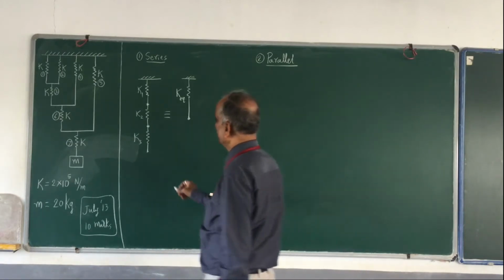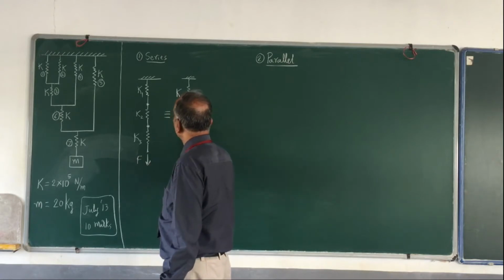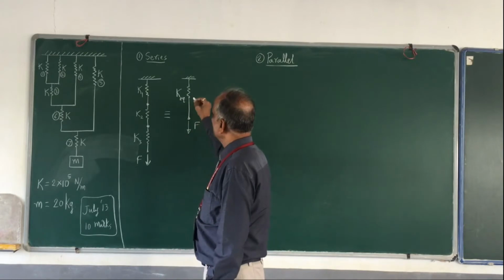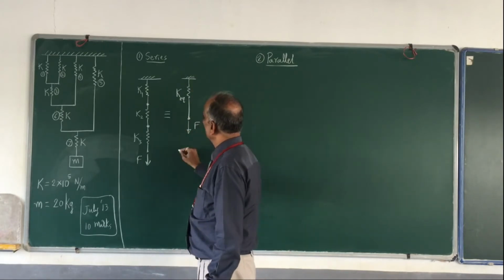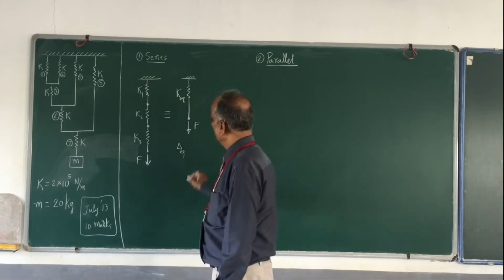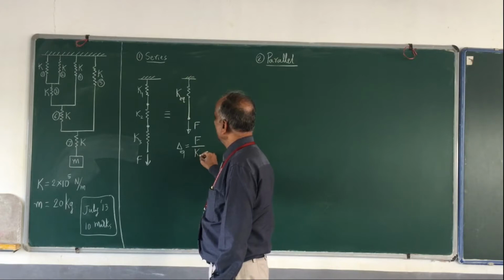So now I apply a force here, and here also I apply a force. I shall call this delta equivalent. What will be delta equivalent? The force F divided by K equivalent.